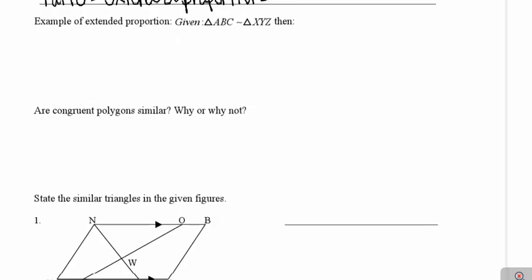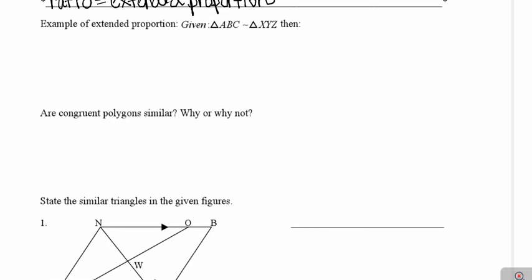Here's an example of that. Notice that we're given that triangle ABC is similar to triangle XYZ, so similar symbol, that's what I mean by that. I would want you to first start by writing the extended proportion. Again, the order of the letters does matter with similar polygons. Their corresponding angles must line up, and so therefore their corresponding sides must also line up.